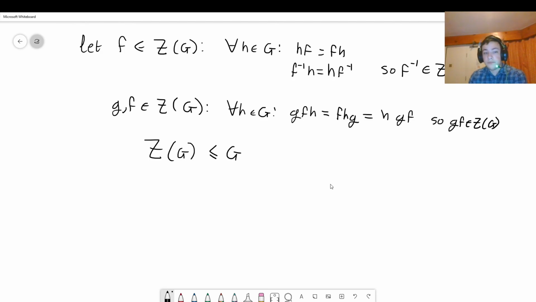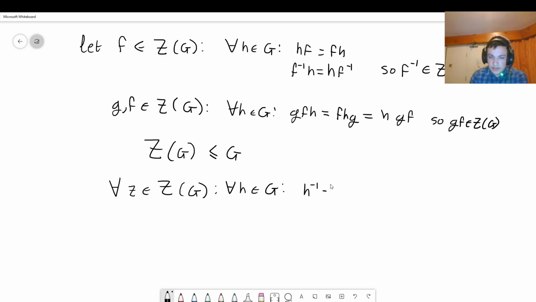But also, we then have, for all z in the center of G, and for every other element h of G, that h inverse z h, because z commutes with all elements, is equal to z, belonging to the center.